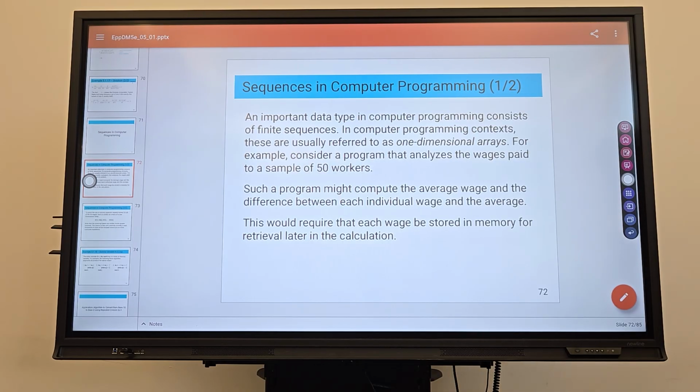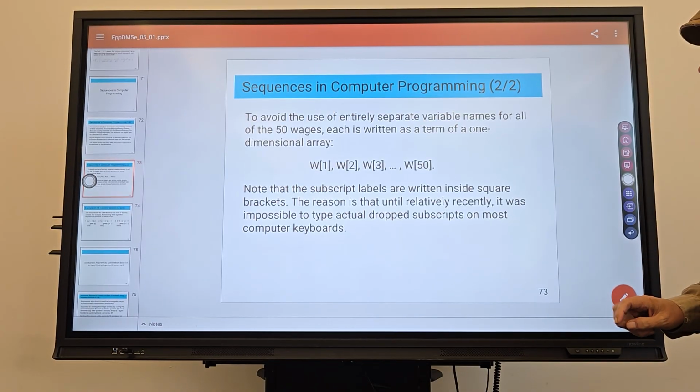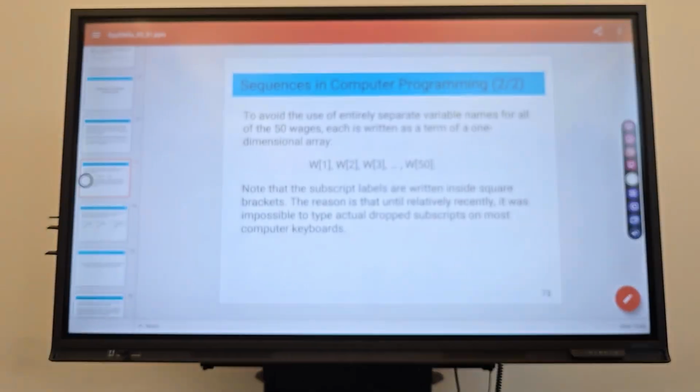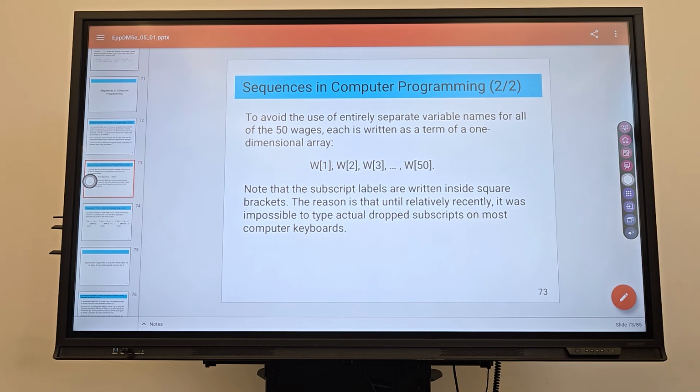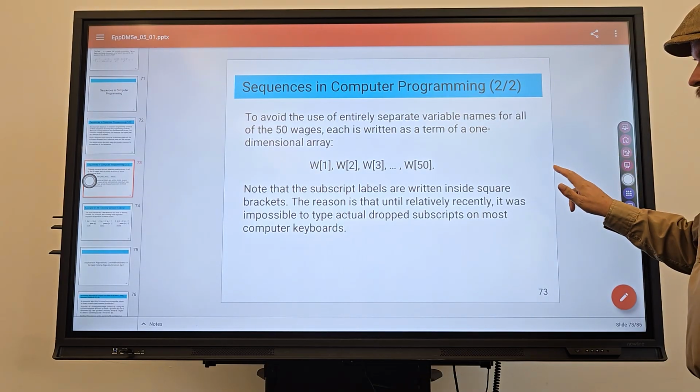The elements of an array are usually denoted with square brackets holding the subscripts. Some languages I've encountered use parentheses to denote subscripts rather than square brackets, but it's the same meaning.